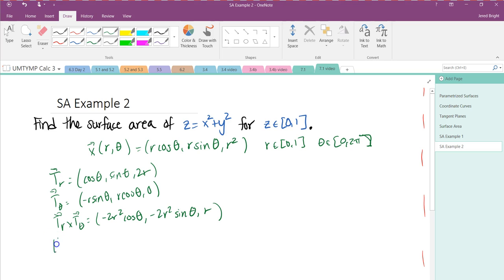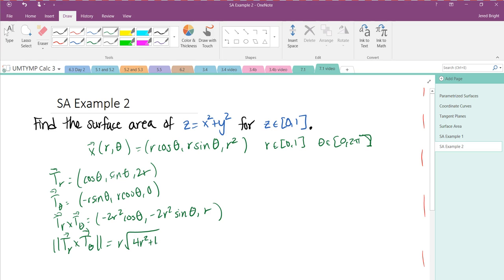I did this off paper. And now I need to find the length of T r cross T theta. Again, I did this off paper, so you might need to as well, or at least dedicate time and energy and space. I get r square root of 4r squared plus 1.